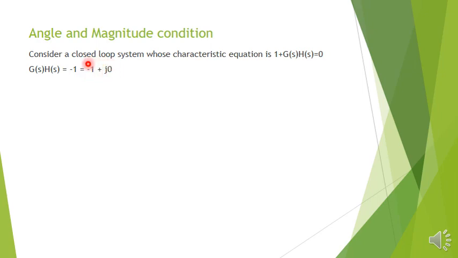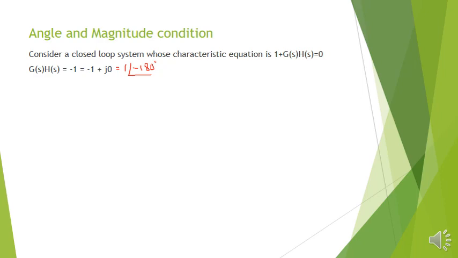So g of s h of s equals minus 1. If I write this in polar form, it becomes 1 at an angle of 180 degrees, that is, 1 at an angle of minus 180 degrees or plus 180 degrees. So whenever a point is on the root locus, it should satisfy this angle as well as this magnitude.